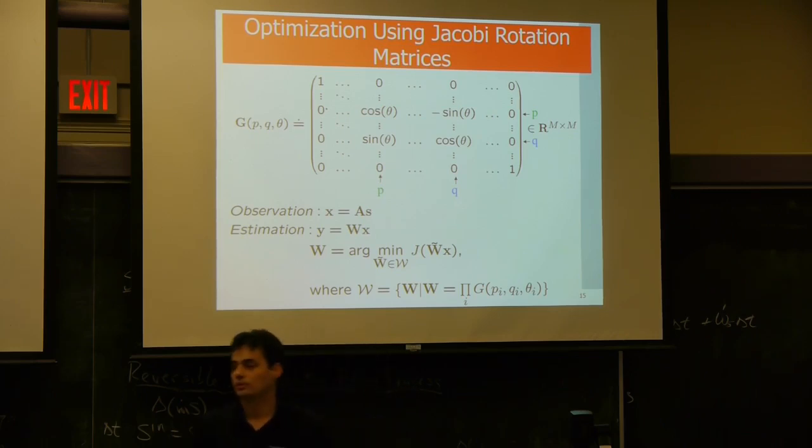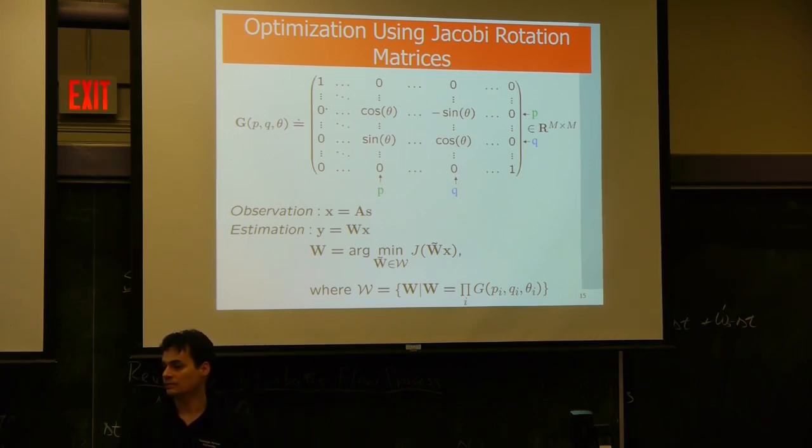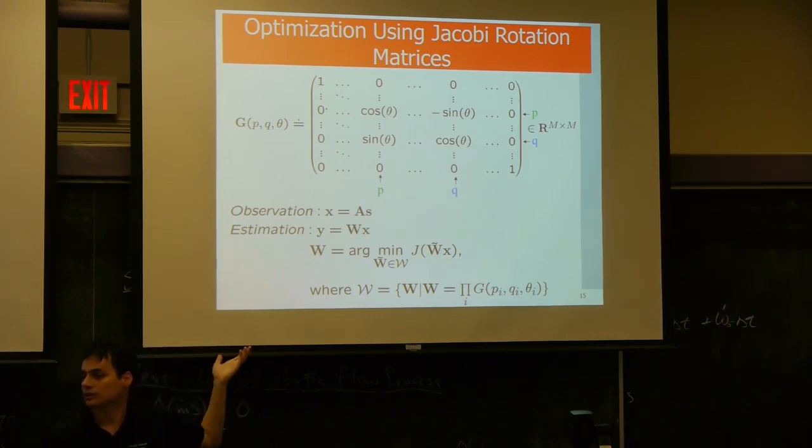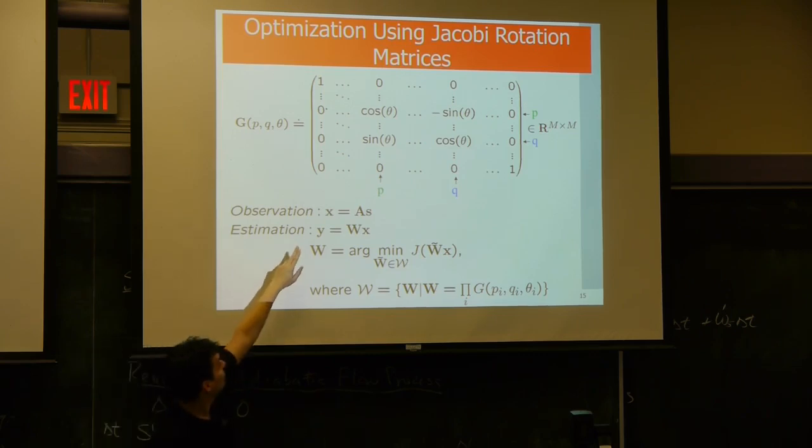Generally, a sometimes very useful idea is to decompose that orthonormal matrix as a product of simpler orthonormal or rotation matrices. These are called Givens rotations or Jacobi rotations. I don't know if you have heard of that. But the point here is that you can see how one simple rotation matrix looks like.